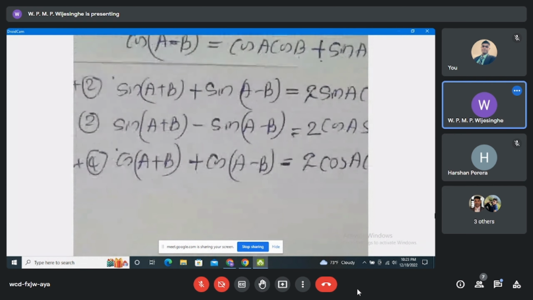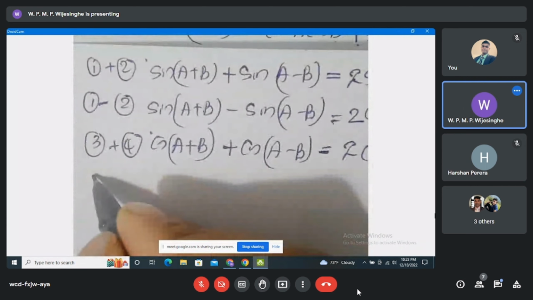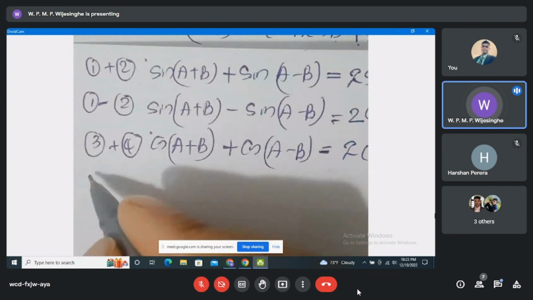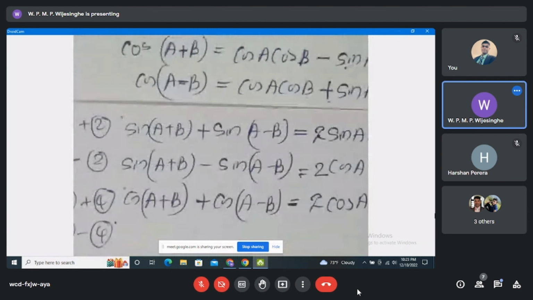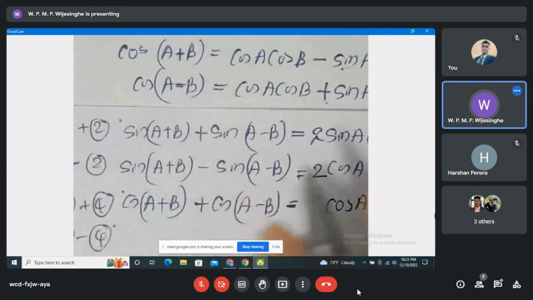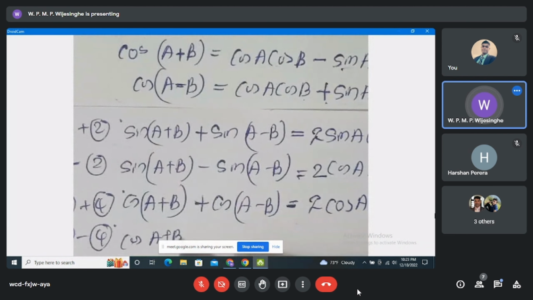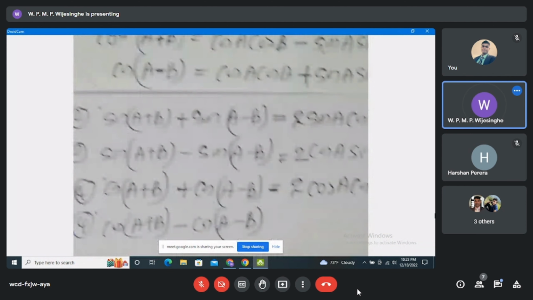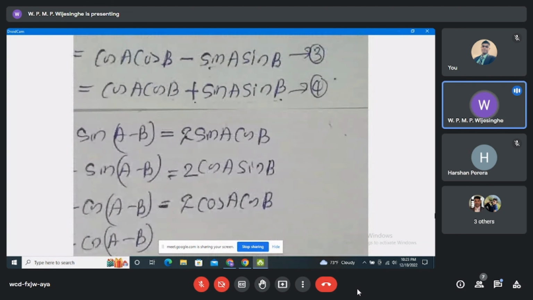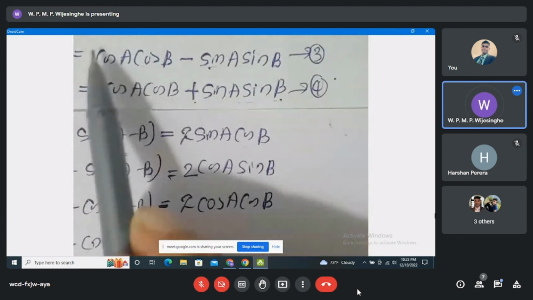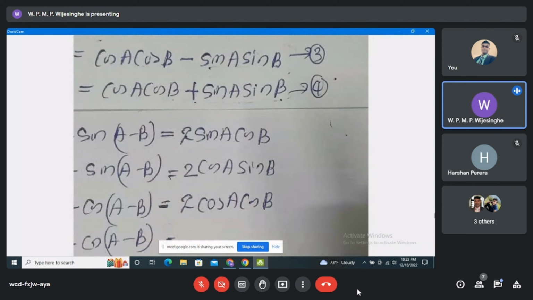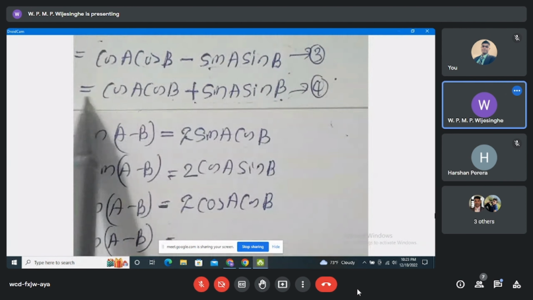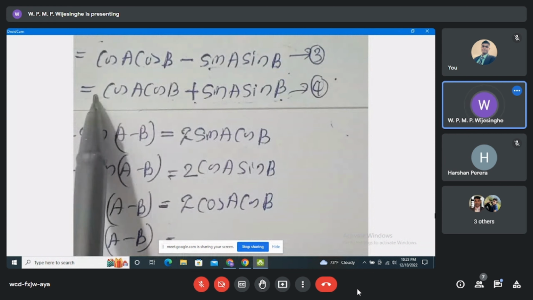Next one, 4 reduced from 3, 3 minus 4. On the left hand side, you will get cos A plus B minus cos A minus B. Right? On the right hand side, this term minus this term, right? Remove the bracket in your mind and here make it minus.